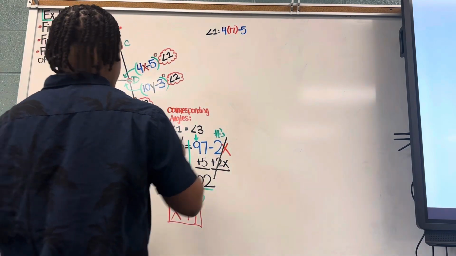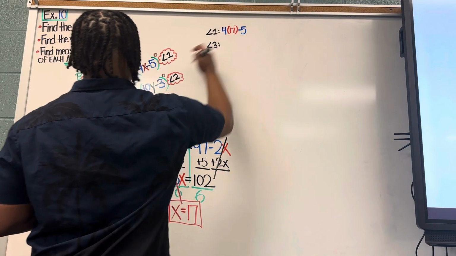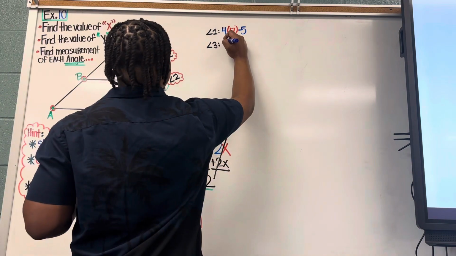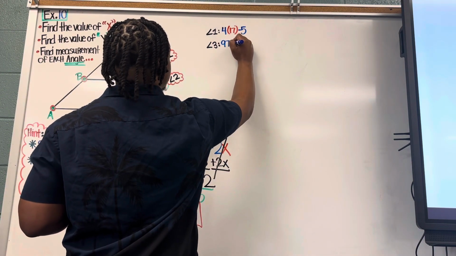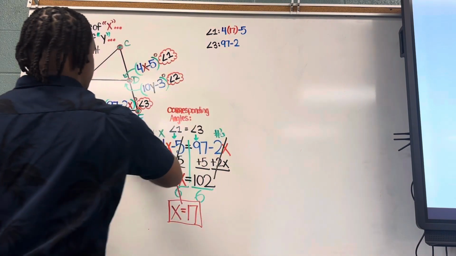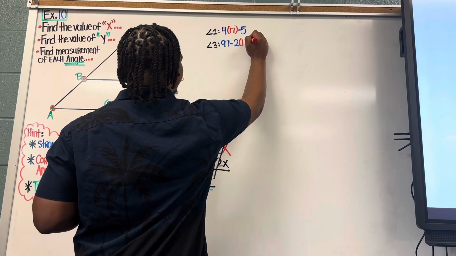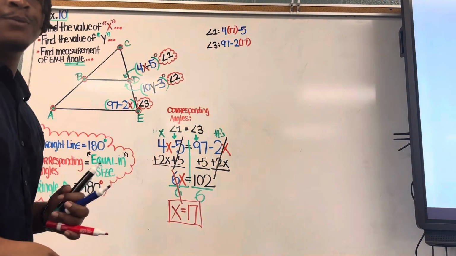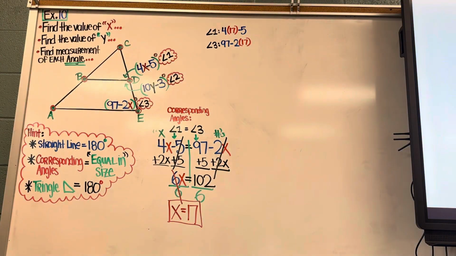And then angle 3 is going to be 97 minus 2 times x, and remember x is 17. Now we're going to calculate the answer to both of those angles.